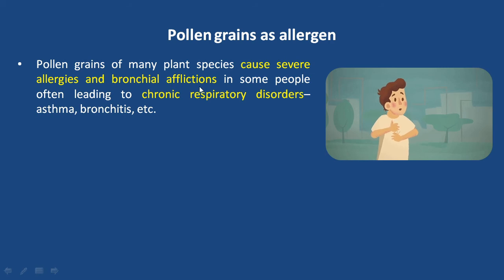Bronchial afflictions here refers to disorder, discomfort, disease of respiratory tracts, respiratory tubes. So pollen grains can cause disease related to respiratory system, and that can lead to chronic respiratory diseases. For example, asthma, bronchitis. Bronchitis is inflammation of bronchioles or respiratory tracts.